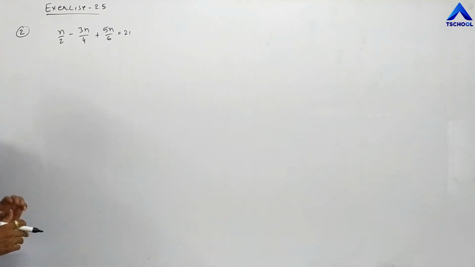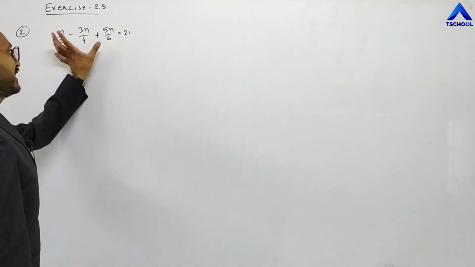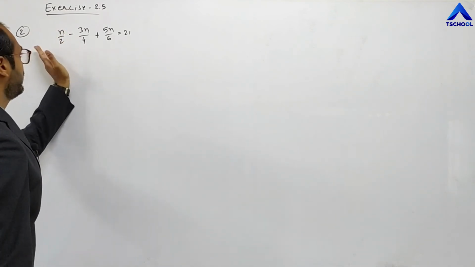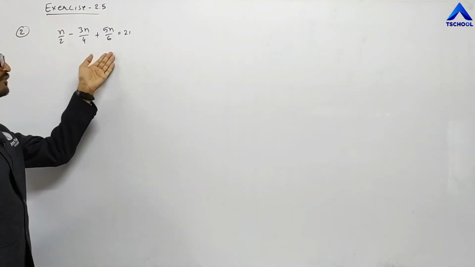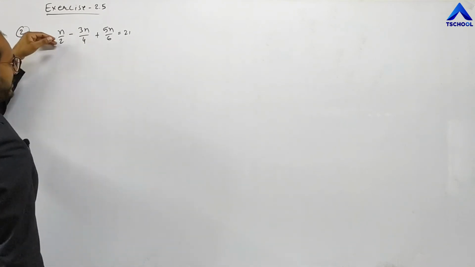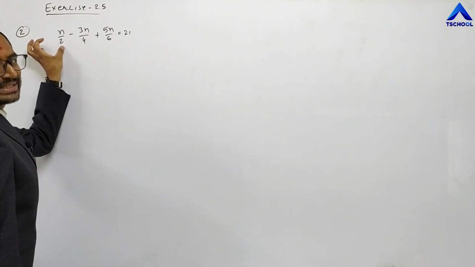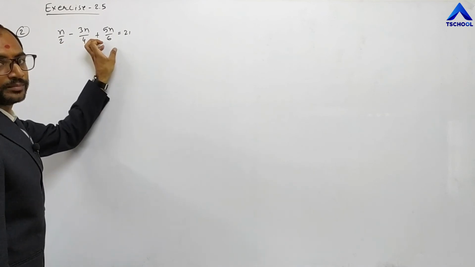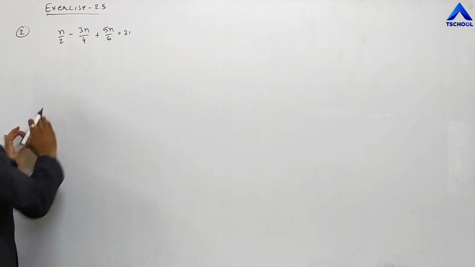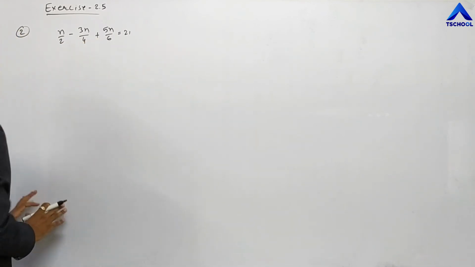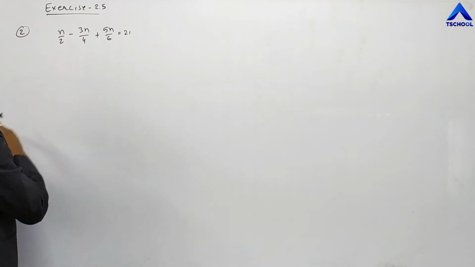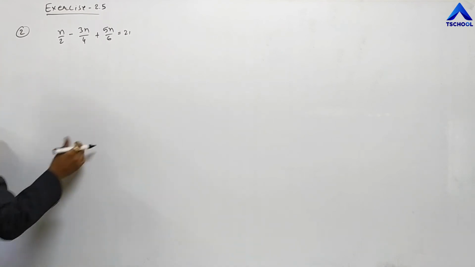But to simplify this very well, let me multiply by 6 on both sides. You can take the LCM. The LCM is 60, and to make the denominator equal, we have to multiply and divide by the same number to make the denominator 60 in each term. But the simple thing is, if I multiply by 6 on both sides, what do we get here?